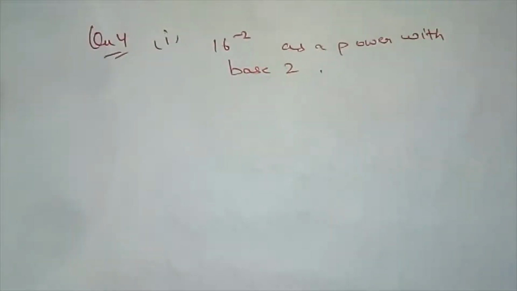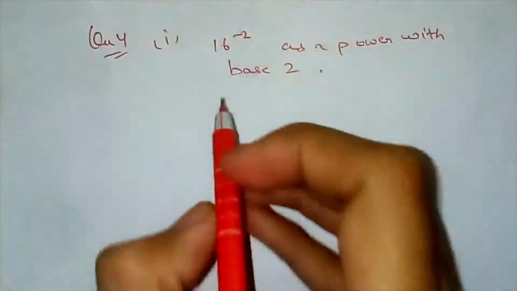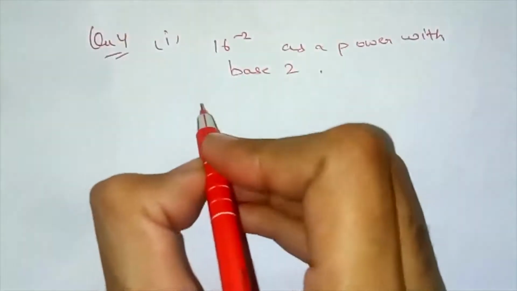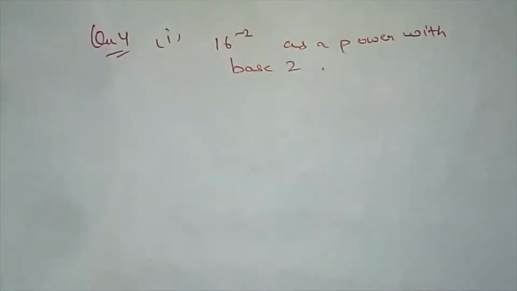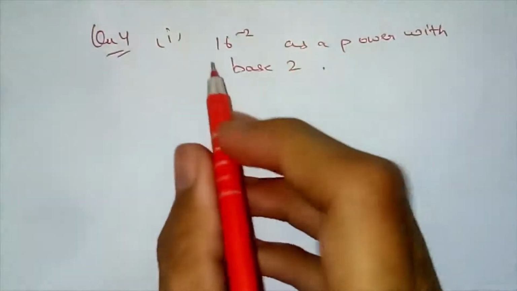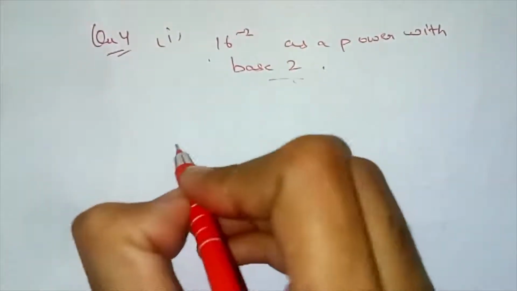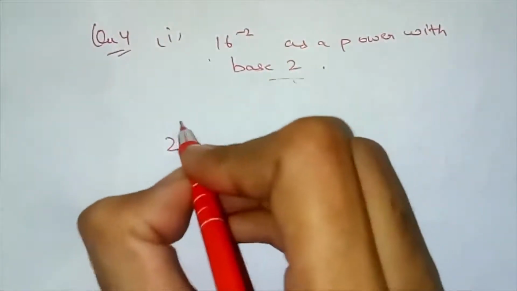So in this question we have to express 16 to the power minus 2 as a power with base 2. So we have to express it in the base of 2, something like 2 to the power n.